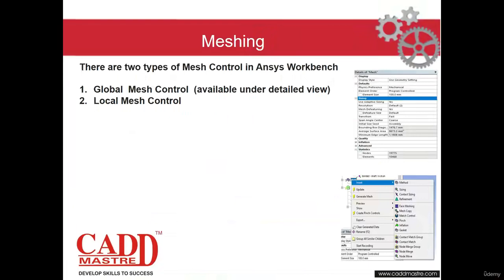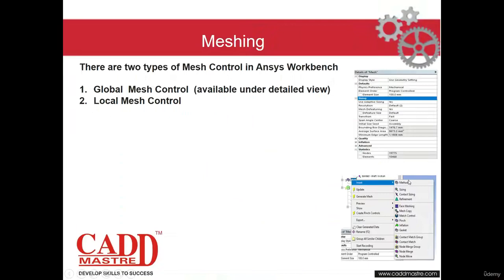There are two types of mesh control in ANSYS Workbench. First one is the global mesh control, that is available under the details view, like this. Next is local mesh control. We will get the local mesh control once we right click on the mesh and then use insert, and you will get the list of mesh controls.